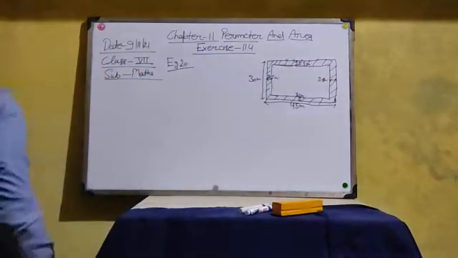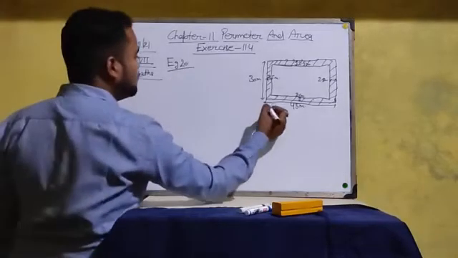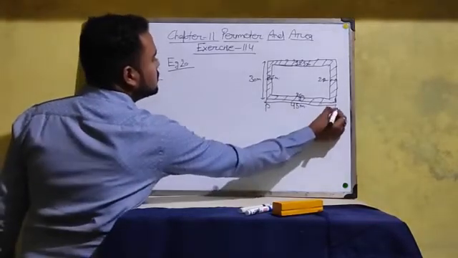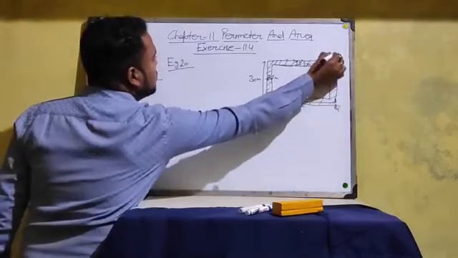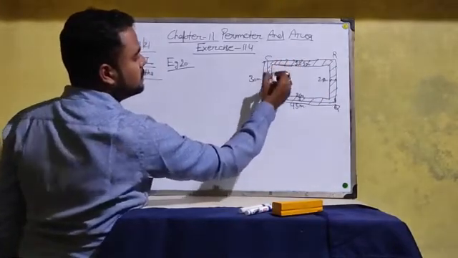Okay, so for that, name it P, Q, R, S. It is the outer rectangle.